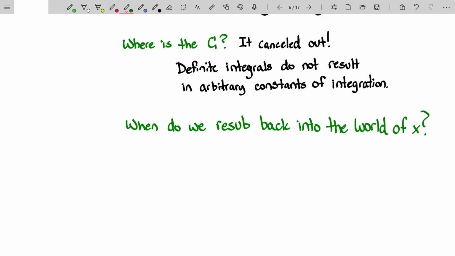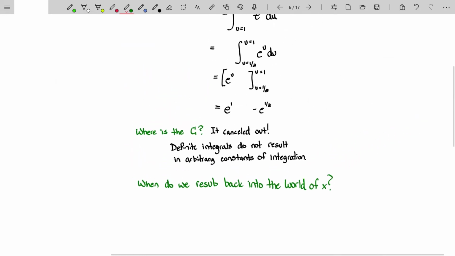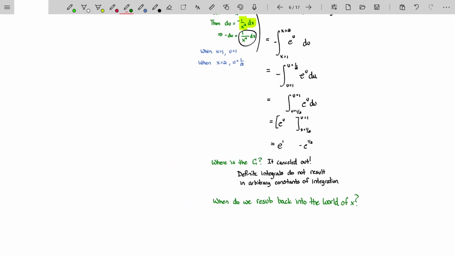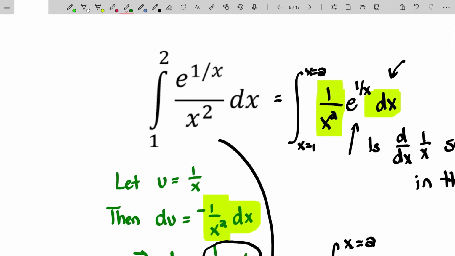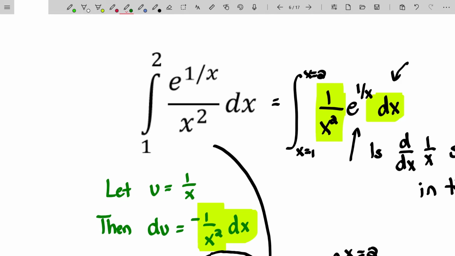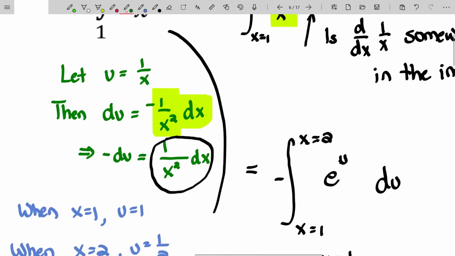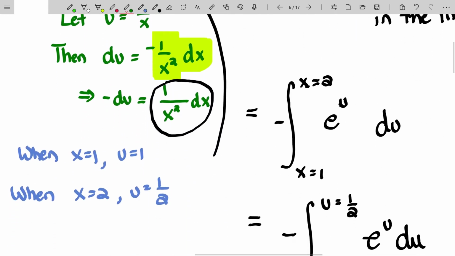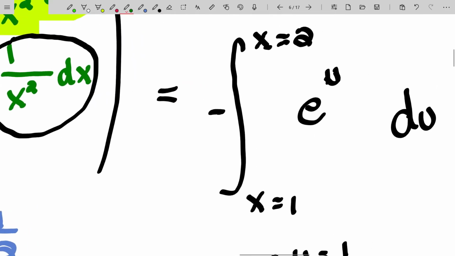Because we did a u substitution, when do we resubstitute back into the world of x? Well, this is the nice thing about definite integrals. When you're working with a definite integral, your final answer is a constant. It doesn't have any variables at all. So if you do a u substitution, if you followed my advice and transform the entire integral into the world you're substituting into.